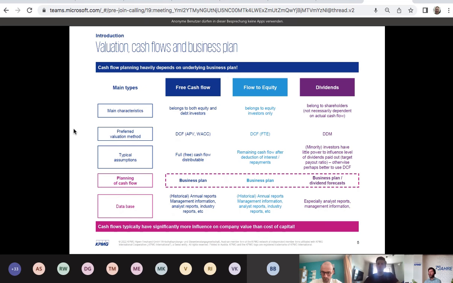Another important type of cash flow are dividends. Dividends basically only belong to shareholders, and they are not always dependent on the actual cash flow. A company, for example, could have a very high theoretical flow to equity calculated from your business plan, but then the company maybe just decides to pay, I don't know, a dividend of 10 cents a share.